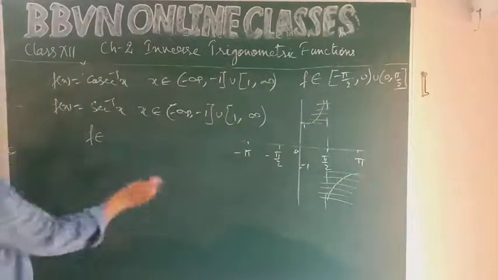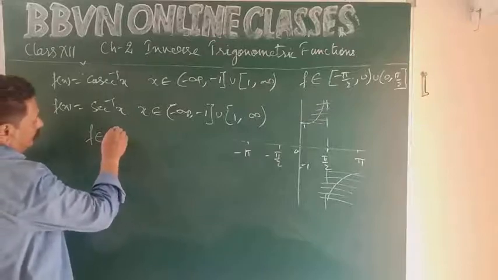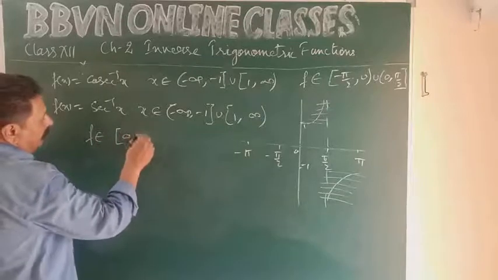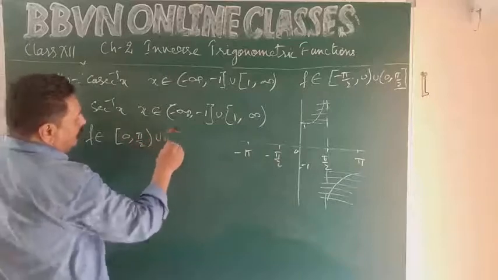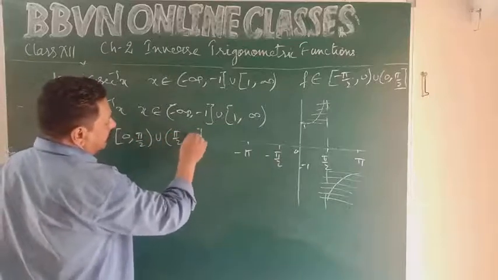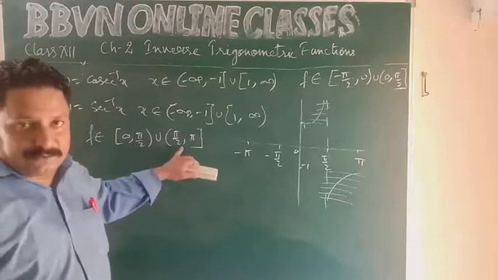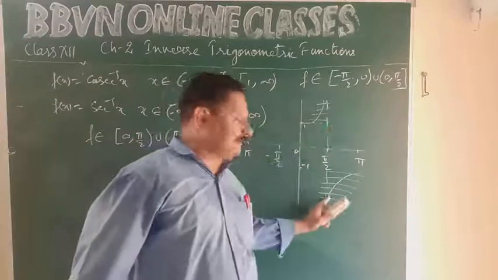For sec inverse, f belongs to 0 to pi by 2 union pi by 2 to pi. Okay? So pi by 2 is not included here. At pi by 2, sec x does not exist. It is not defined.